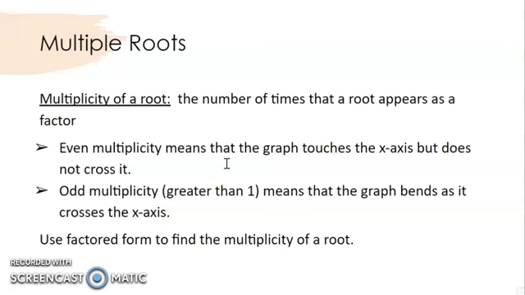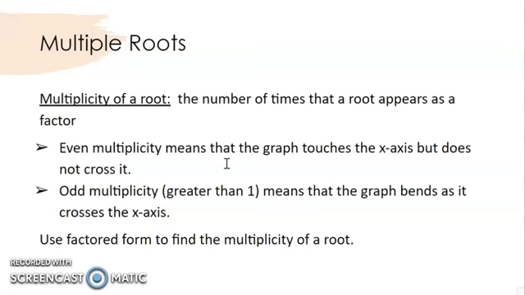Odd multiplicity means that the graph goes through the x-axis at that point, and it can bend there. And the higher the odd number of multiplicity, the sharper the bend. So this means it could have a multiplicity of 1 if it goes straight through and doesn't bend, 3, 5, 7, 9, so it's all the odd numbers.